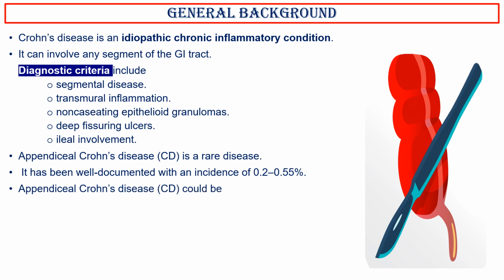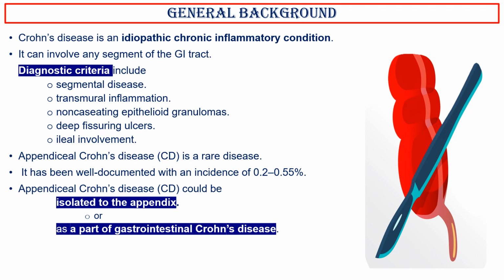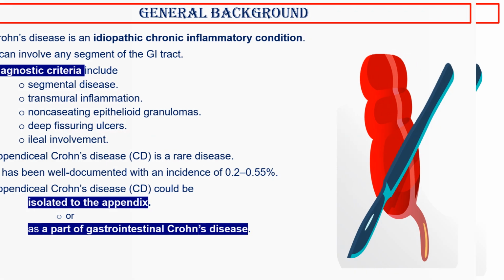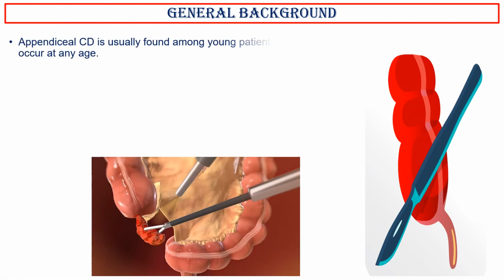Appendiceal Crohn's disease could be isolated to the appendix or as a part of gastrointestinal Crohn's disease. Appendiceal Crohn's disease is usually found among young patients. However, it can occur at any age.